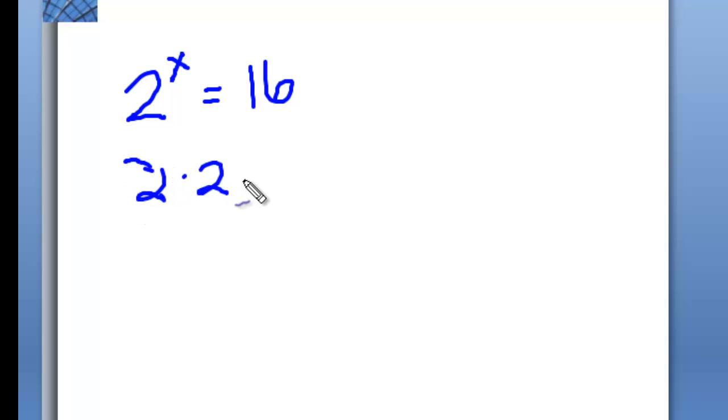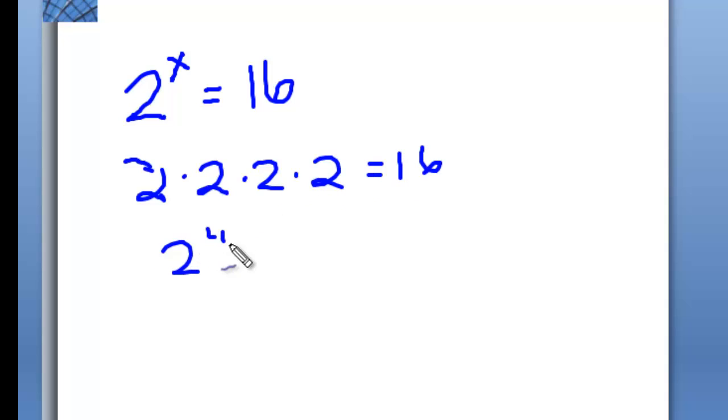So if I had 2 to the x is equal to 16, I'm saying 2 raised to the what power is 16? Well, 2 times 2 is 4, times 2 is 8, times 2 is 16, so 2 to the 4th is 16.